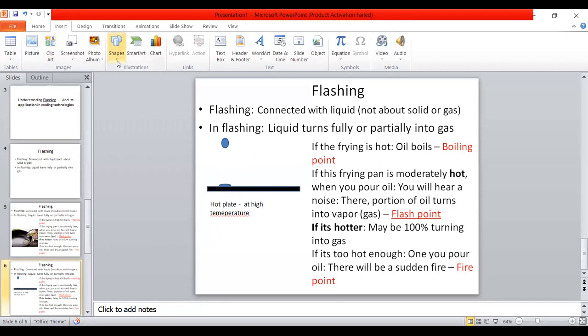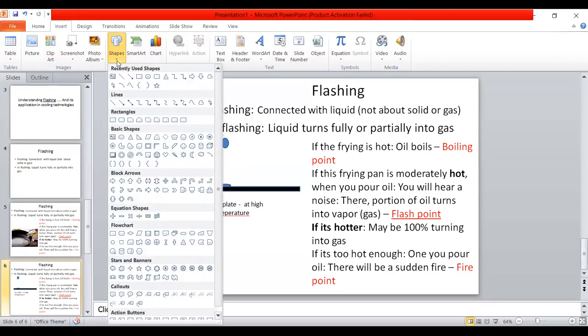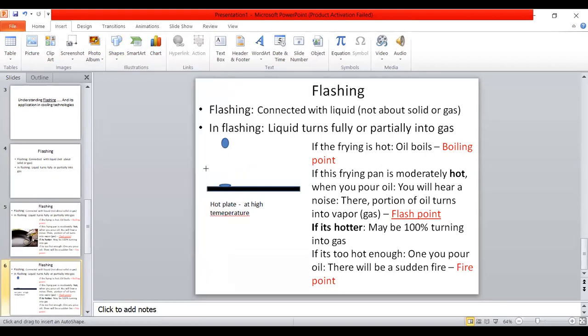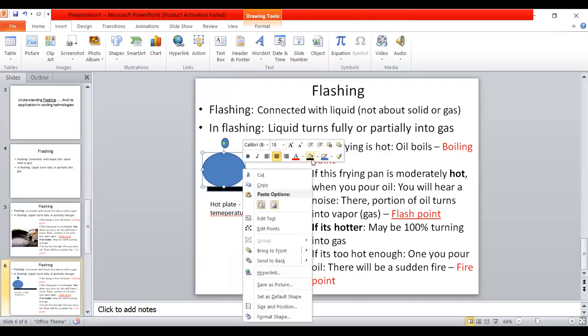So here also, what happens is when this plate is quite hot, this water droplet turns into a huge cloud of vapor.